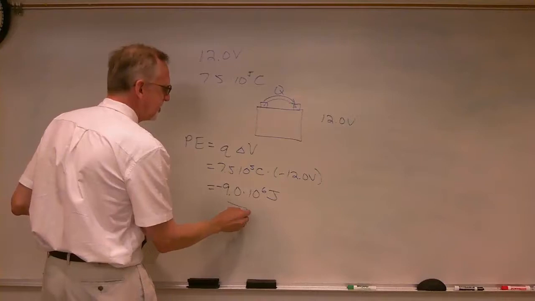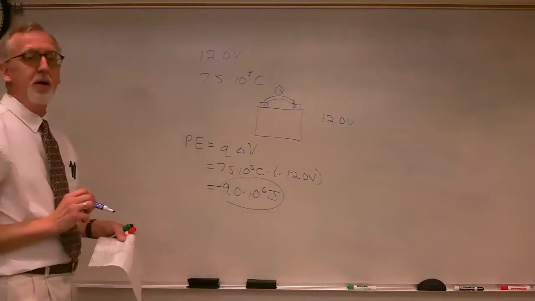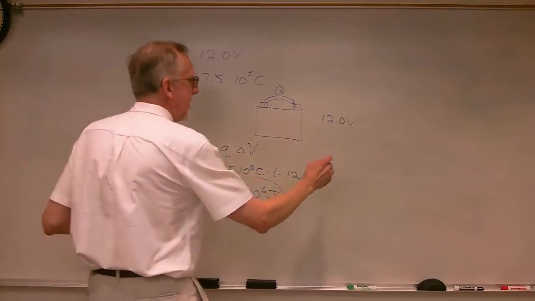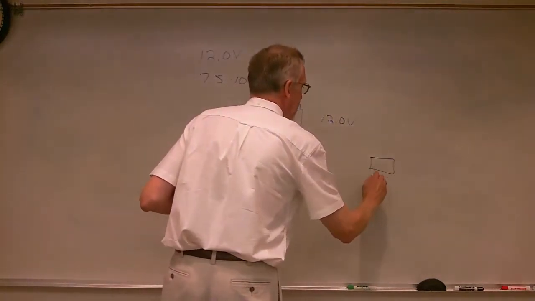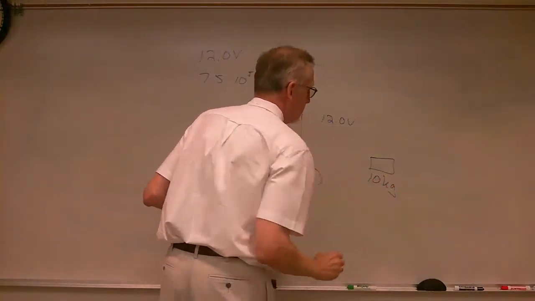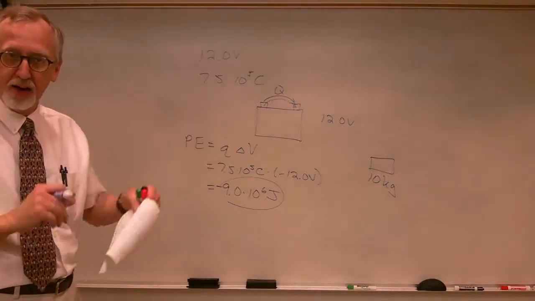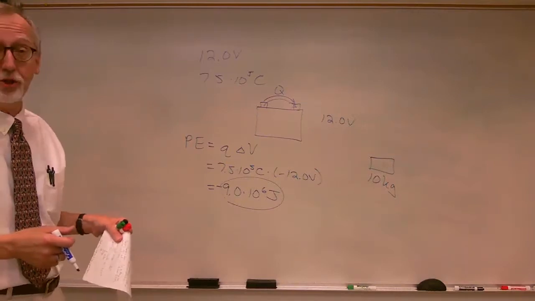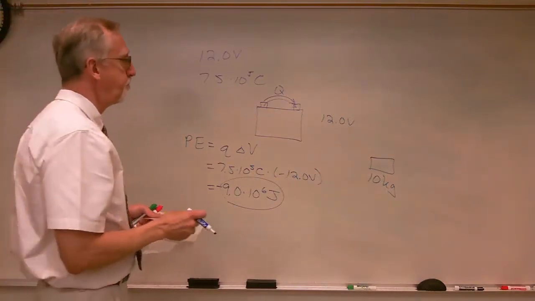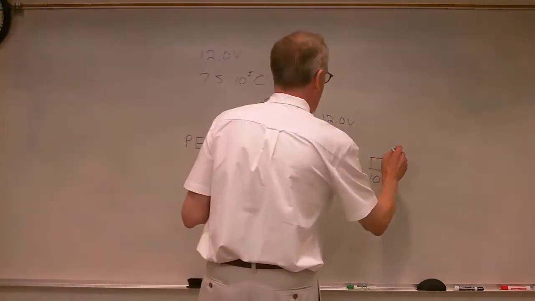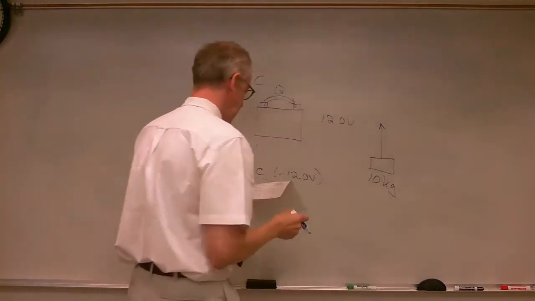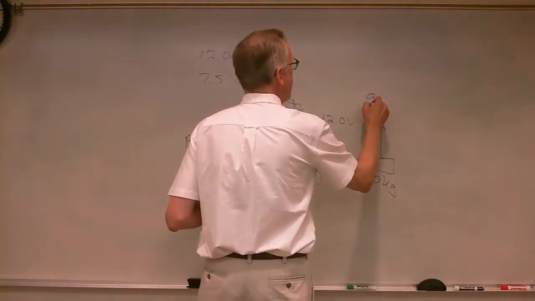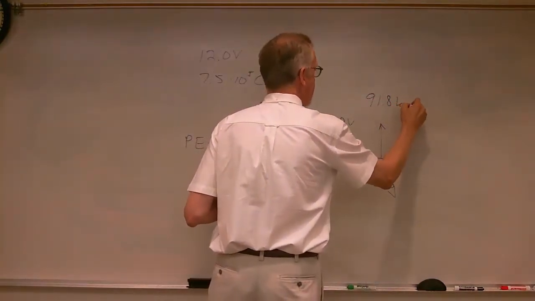So let's just try and figure out how much we could do with this much energy. Well, if we could imagine taking, say, a 10 kilogram mass, a block of metal or something, say 10 kilograms, that would be about 22 pounds. This amount of energy would raise this mass to a height of 91.8 kilometers.